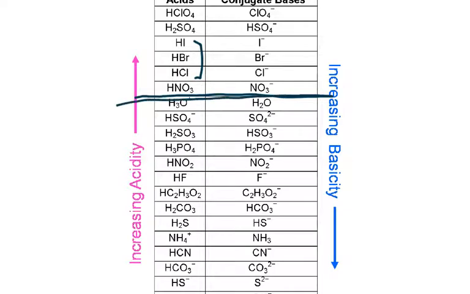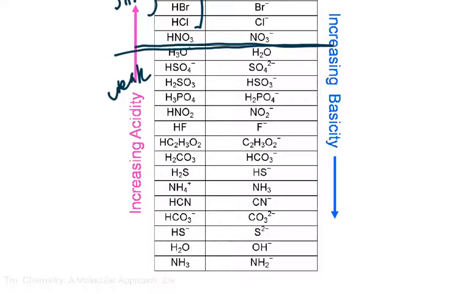So anything that's a weaker acid than water is going to be considered weak. And then up here is strong. And then anything down here is going to be a strong base. And then up farther are weaker bases.